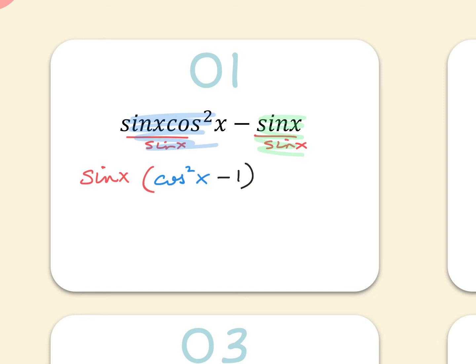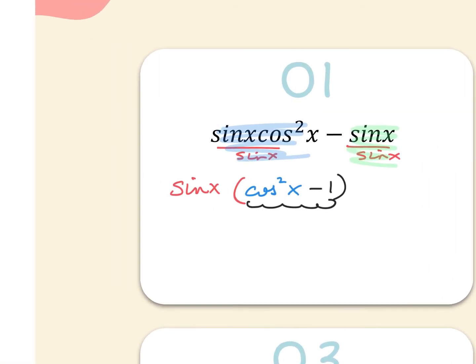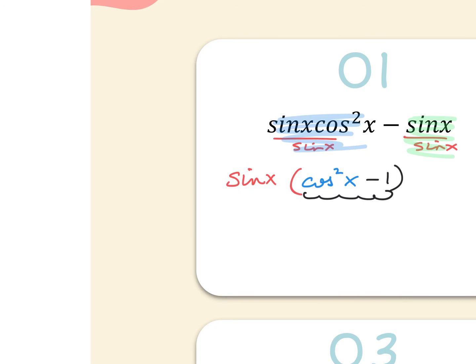Now this is where manipulating those Pythagorean identities is going to come into play. So what I'm going to do is substitute a Pythagorean identity in for this. And the Pythagorean identity that I'm going to rearrange is that first one, sine squared x plus cosine squared x equals 1.